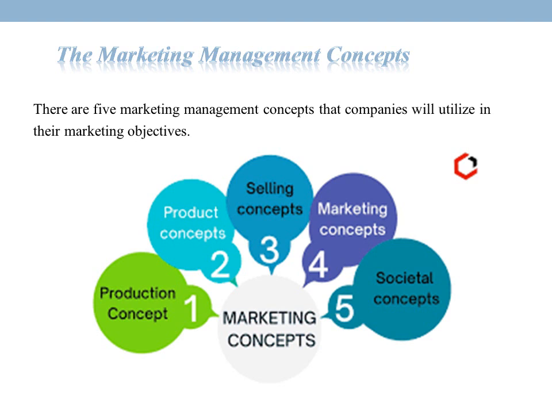The last concept is societal concept, which focuses on the needs and wants of consumers and also delivering superior value. In other words, this concept is about finding balance between social welfare, consumers' needs, and company profits.